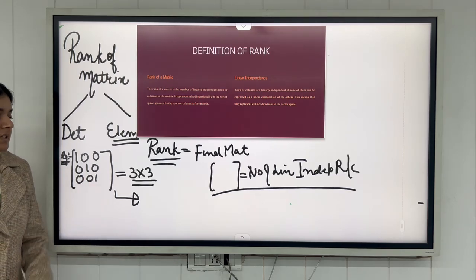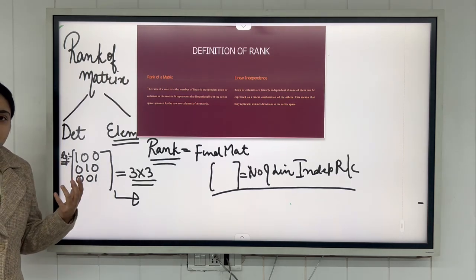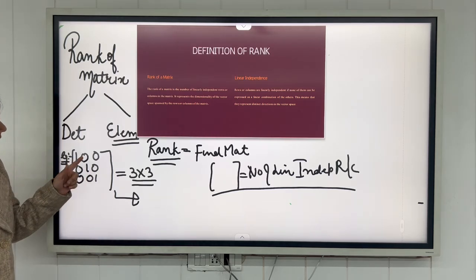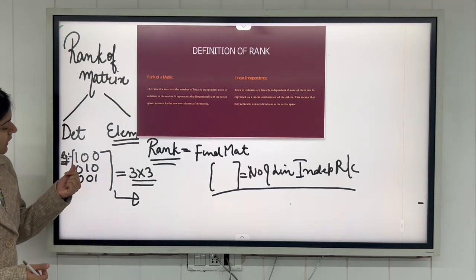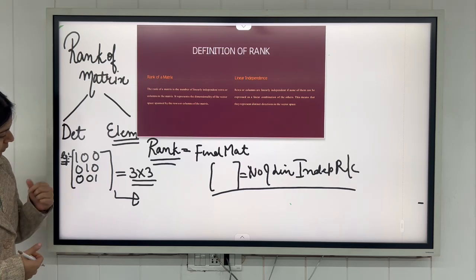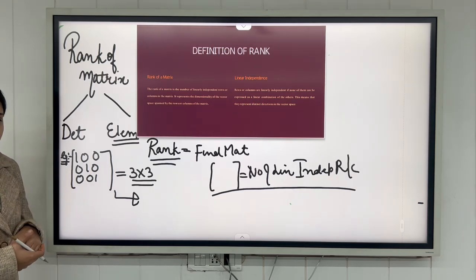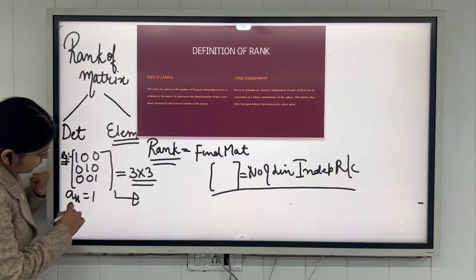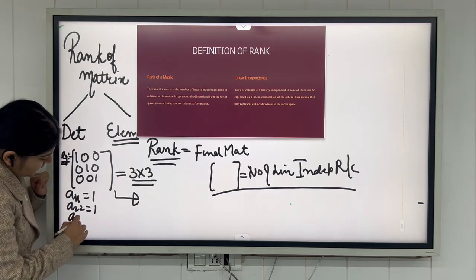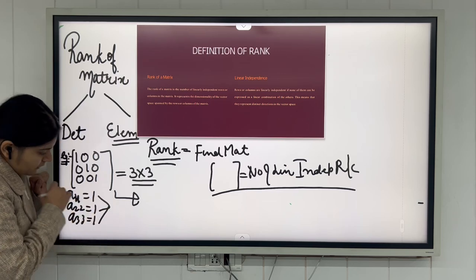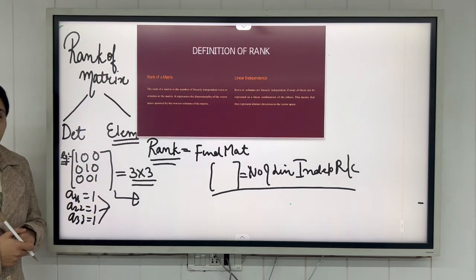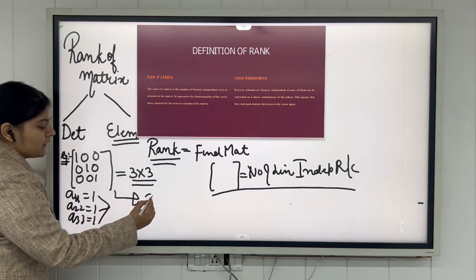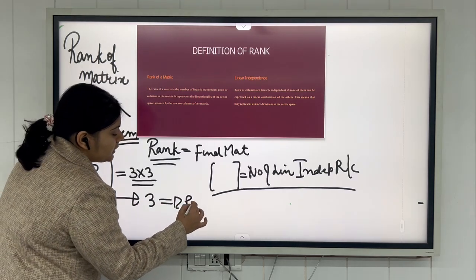Linearly independent rows means there is no dependency relation in the matrix. From row 1 you have the first element as 1, in row 2 the second element as 1, and in row 3 the third element as 1. Now A11 is 1, A22 is 1, A33 is 1. From this matrix, how many linearly independent rows do we have? That is 3. So the rank will automatically be 3.